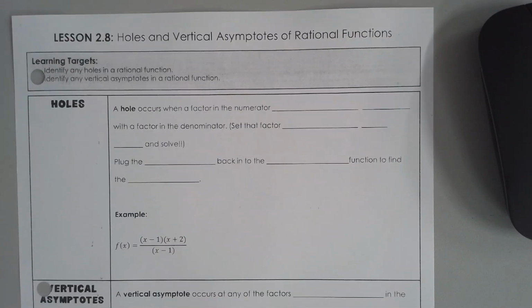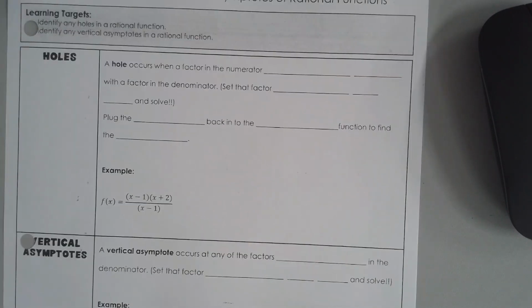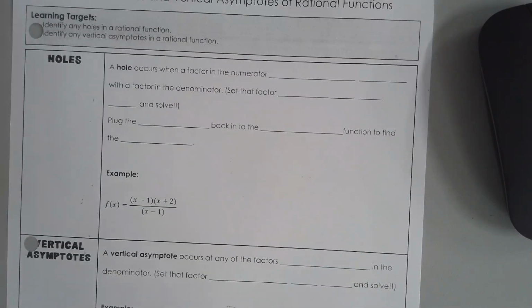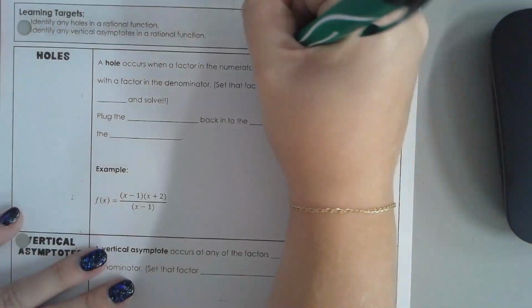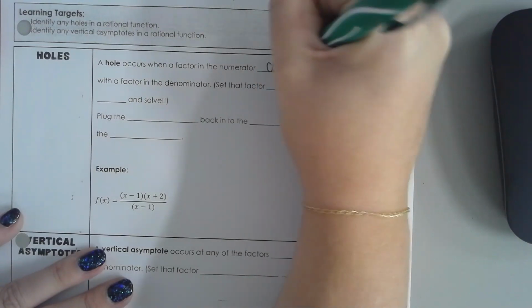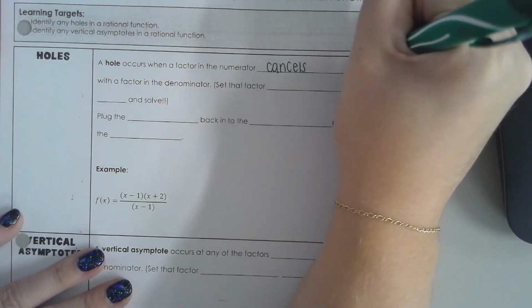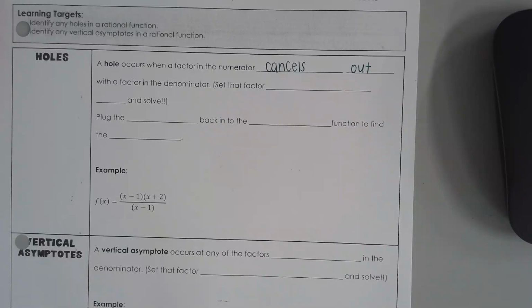So a hole in the graph occurs when a factor in the numerator cancels out with a factor in the denominator.